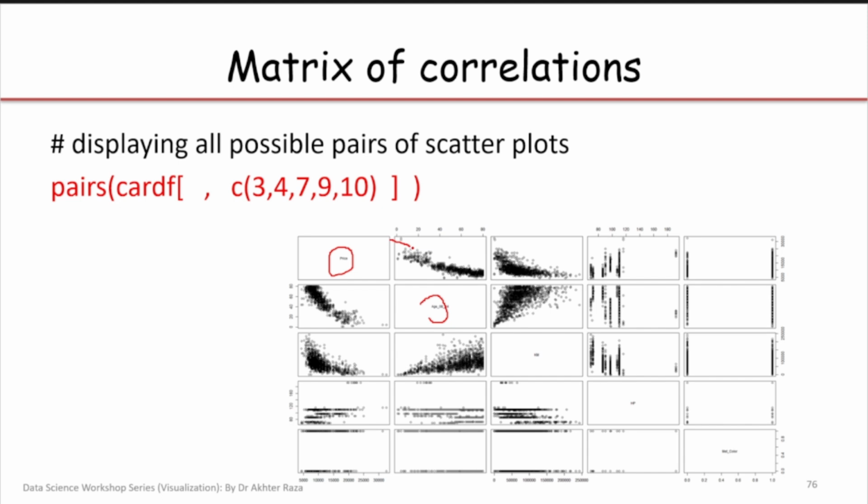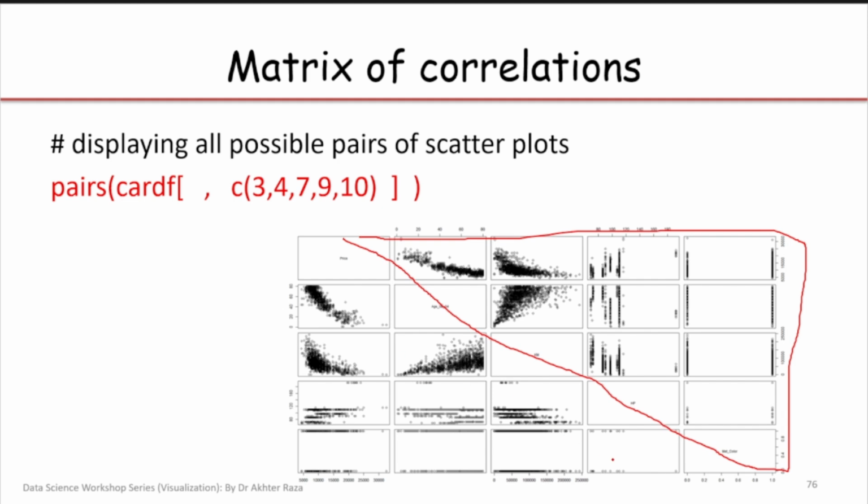The price is decreasing when the age is increasing. The same graph we have here. These two graphs are identical. Similarly, this graph is identical to this graph. So only the graphs in either the upper triangular matrix or the lower triangular matrix are to be analyzed. One side is to be analyzed, and we can skip the other side.